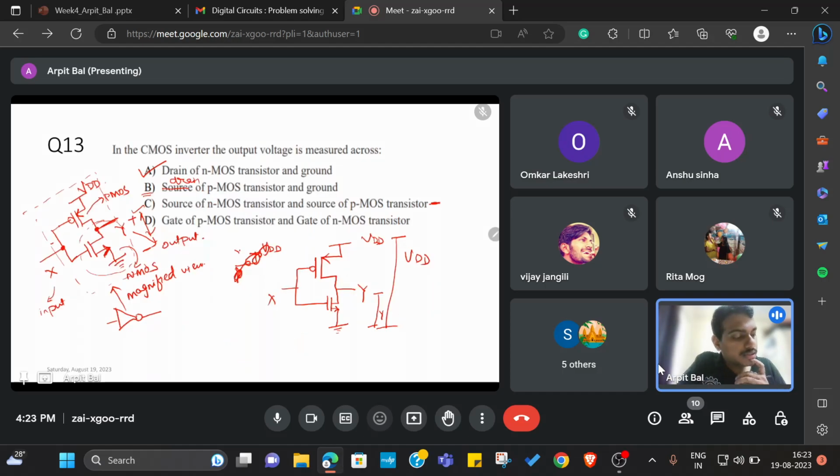So the next question was related to the CMOS inverter. Okay, so yeah, I think someone was asking about this answer, so you can also mention it.